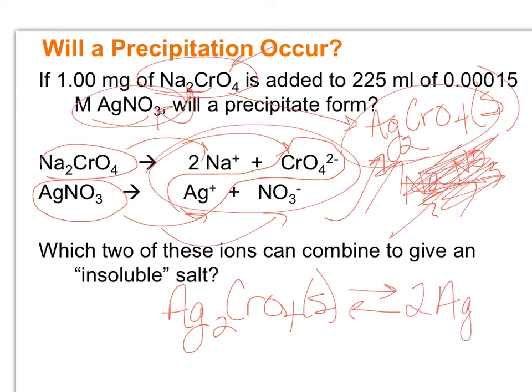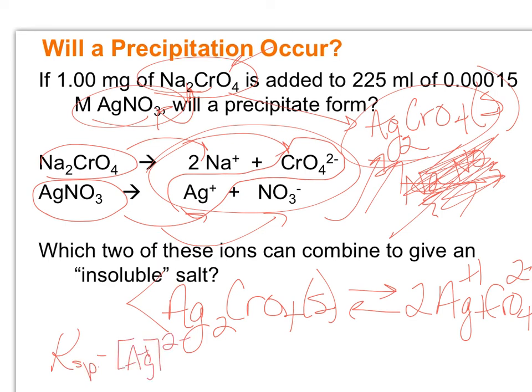So notice that you have to know your charges, and so that's why this is clearly an A-level problem. So there's your KSP, or your chemical equation. Your KSP expression would be concentration of the silver ion squared times concentration of the chromate ion.